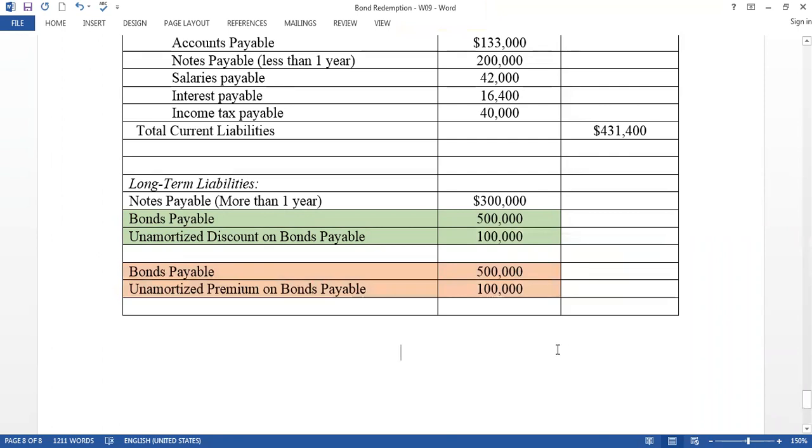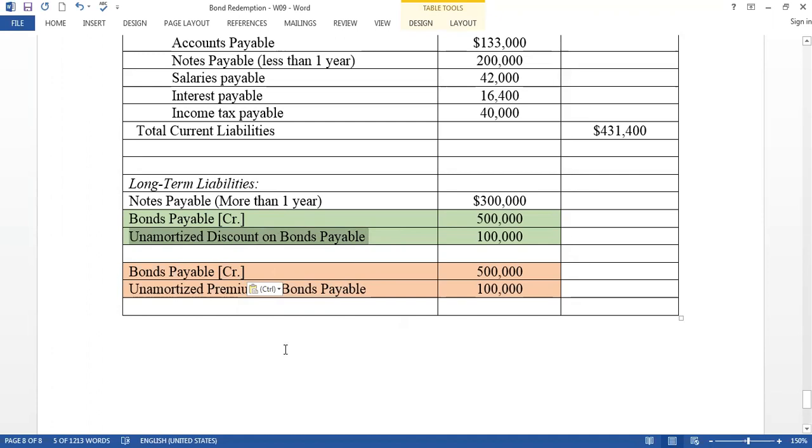So bonds payable is $500,000, and we know that the normal balance of bonds payable is credit, right? Now, unamortized discount on bonds payable. What is the meaning of unamortized discount on bonds payable?